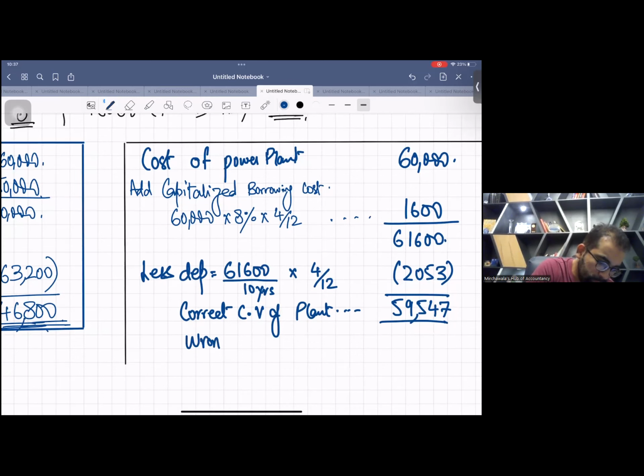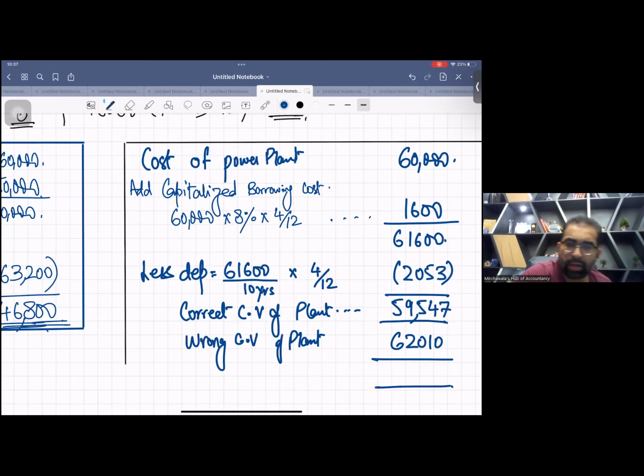Now, how much do we have to reduce? The wrong carrying value was 62010. The correct is 59547. So we need to reduce the carrying value. If you want to correct this error, you need to bring your plant from 62010 to 59547.